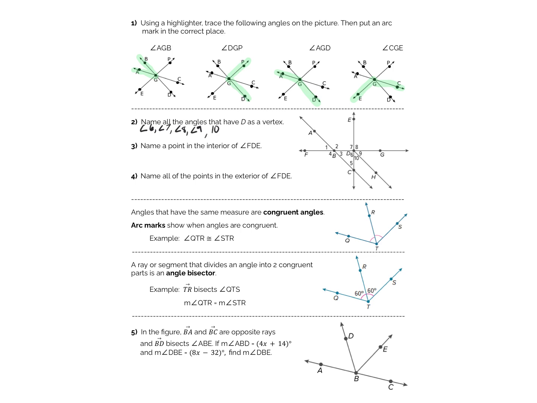We could also name those after the points, so we have angle CDB. And of course we could name that angle CDF as well. And of course you could reverse those too. You can call that FDC or BDC.